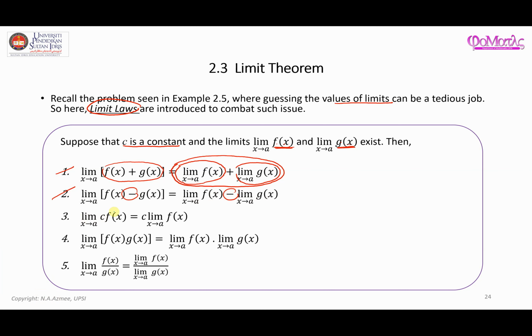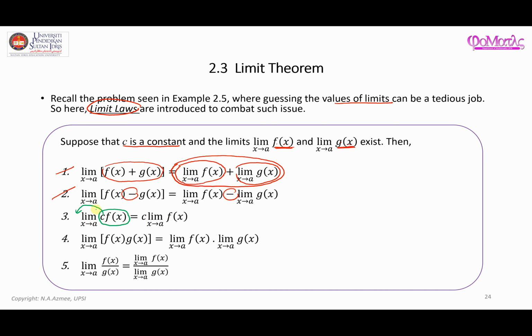Basically, in this third law, you might be interested to find the limiting value of a function that is multiplied by a constant. So c is a constant. What is the limiting value of this new function? Since c is a constant, you can consider taking that out.